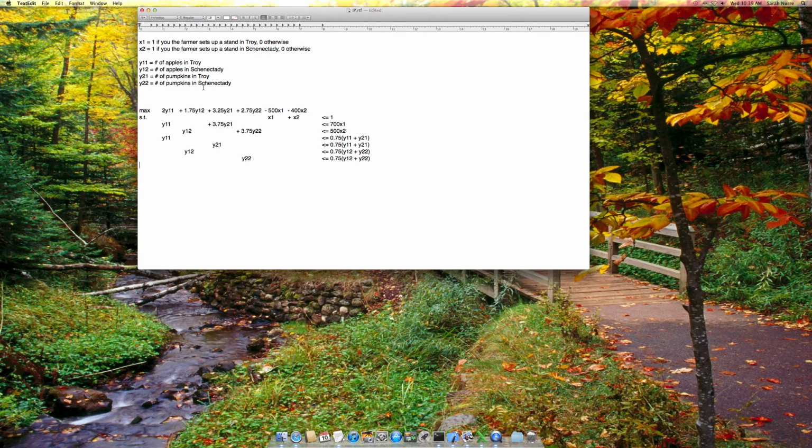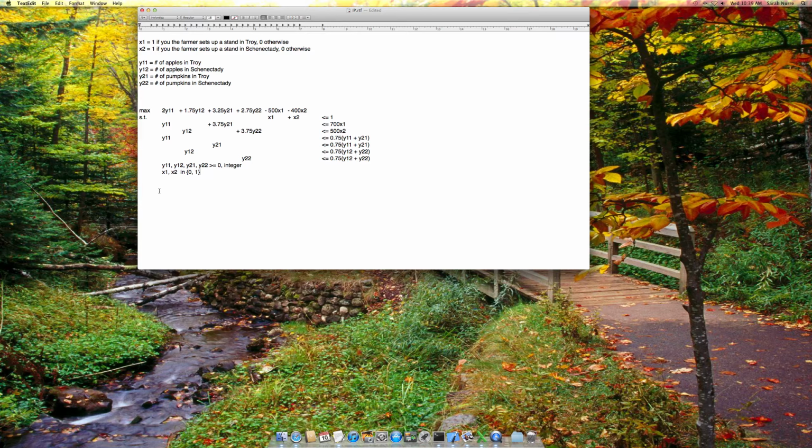We're not going to allow them to bring partial apples or partial pumpkins. So with that, I make sure not to forget that I have these constraints here, which are integer and greater than or equal to 0, as well as binary variables here, x1 and x2, which are in the set {0, 1}. So that concludes our IP.